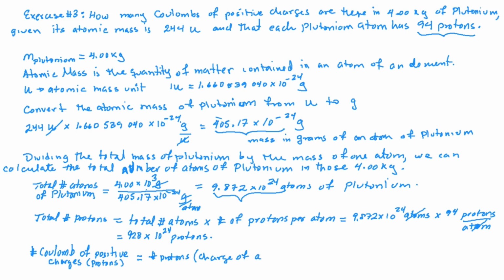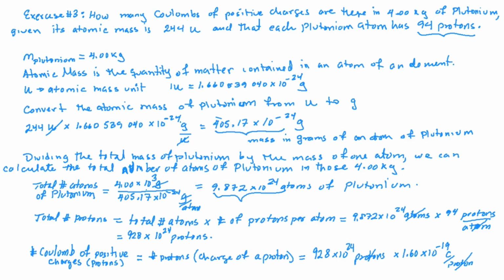So the number of protons is 928 times 10 to the 24 protons times the charge of the proton, 1.60 times 10 to the negative 19 coulomb per proton.